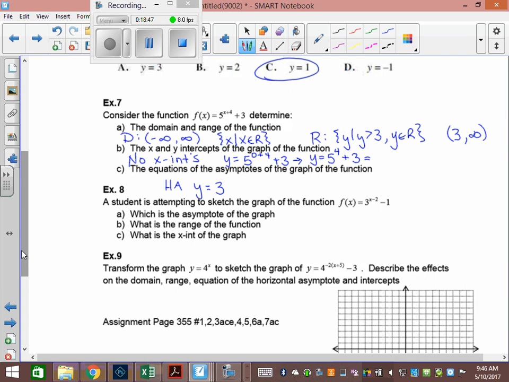What's 5 to the 4? What's 125 times 5? 625, plus 3, 628. So it's 0 and 628.